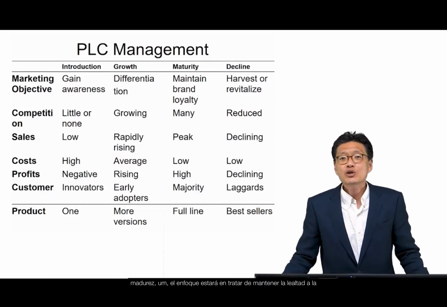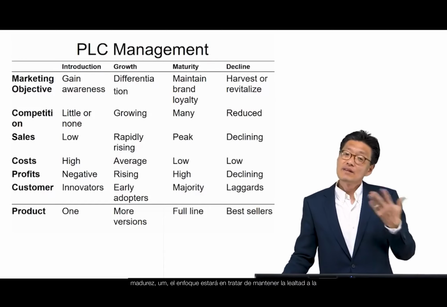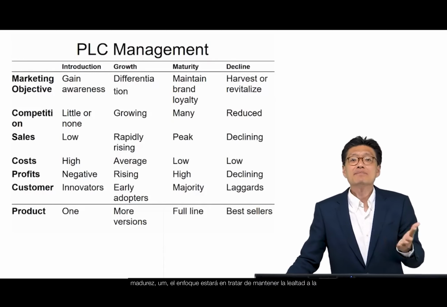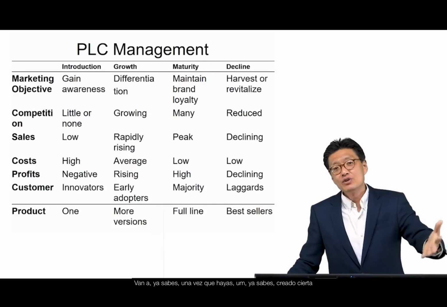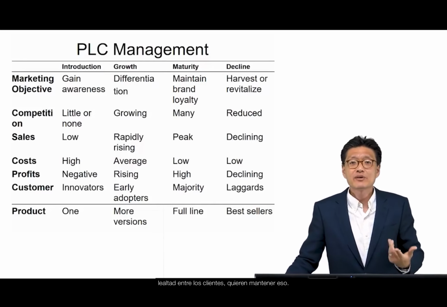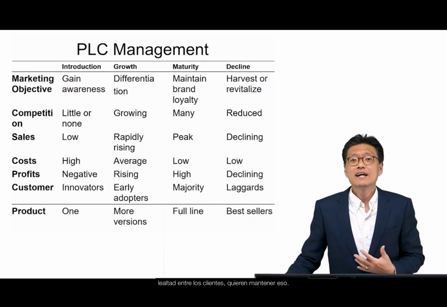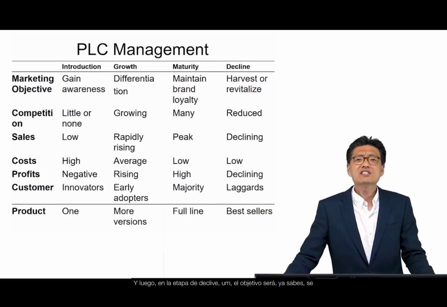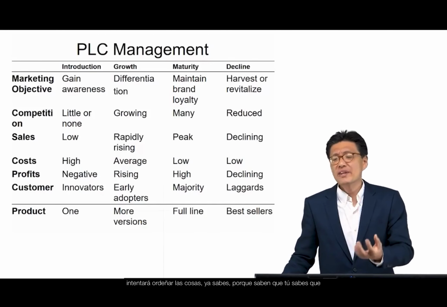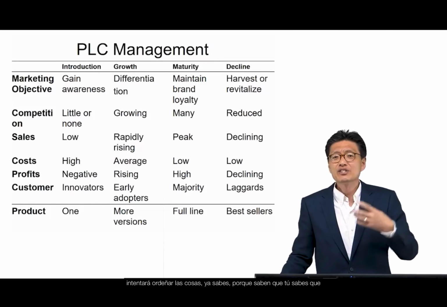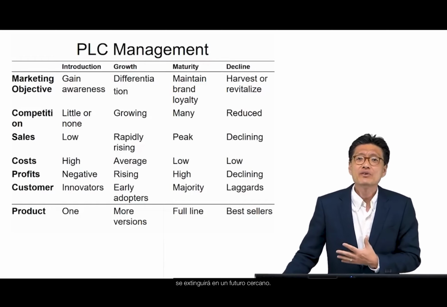And then in the maturity stage, the focus will be on trying to sustain brand loyalty. Once you've created some loyalty amongst customers, they want to maintain that. And then in the decline stage, the goal will be to milk things out, because they know it's going to die out in the near future.